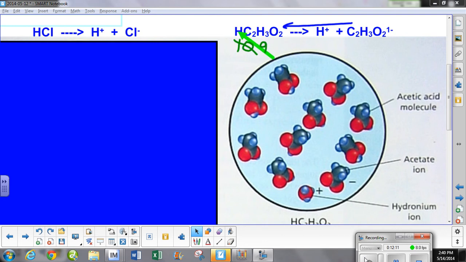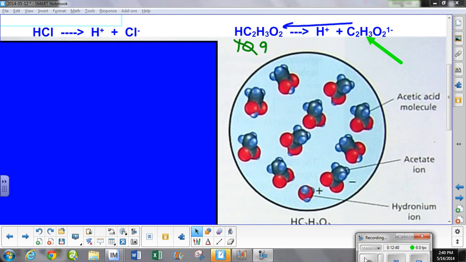Just the H. Okay, it's just one. Because we're dissociating this guy, we're taking the hydrogen off the acetate ion. The acetate ion is left by itself. So we have one of these and one of these, because one of these will make 1 and 1 when we take it apart. Are we good?